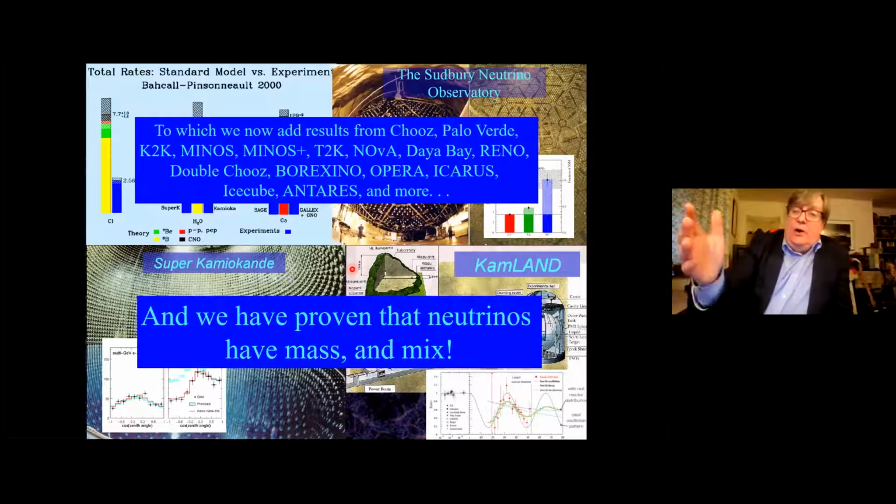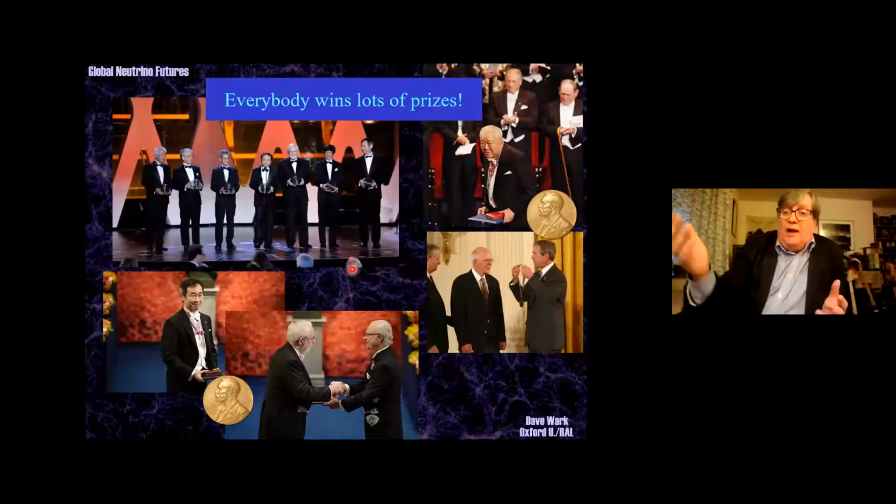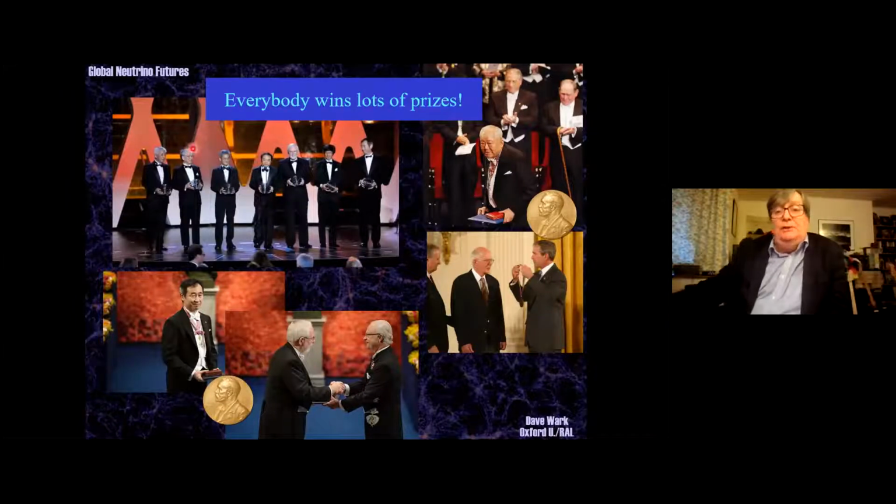So, hurrah, wonderful, prizes are handed out like confetti. Everybody's happy. These show the National Medal of Science being given to Ray Davis, who subsequently shared the Nobel Prize, Masatoshi Koshiba, Takaaki Kajita, and Art McDonald winning the Nobel Prize for physics for Super-Kamiokande and SNO.